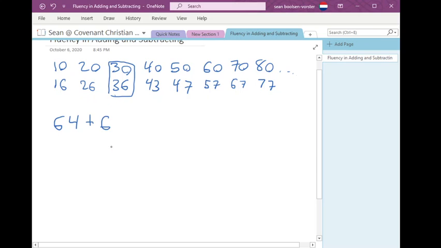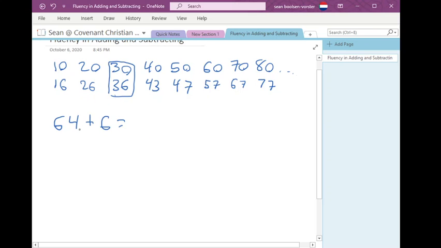Now, this one's actually pretty easy. What we're trying to think here is, okay, this equals what? Well, if we recognize 4 plus 6 is 10, that should be something we really work on to know. 4 plus 6 is 10, 5 plus 5 is 10, 3 plus 7 is 10, and we should be able to make tens very easily. That's something we really need to make sure that we're really good at.